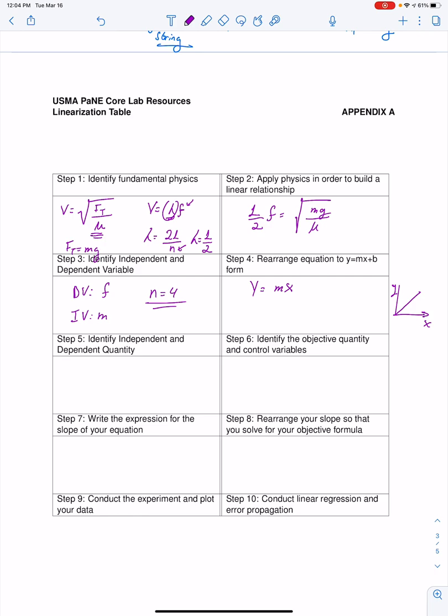So y will always be frequency because it's the dependent variable. And then that will equal the square root of m, because we're looking at here, right? The square root of m. And that's going to be our x times our slope. And let me, in order not to confuse you, write the square root of m. There we go. That's our x right there.